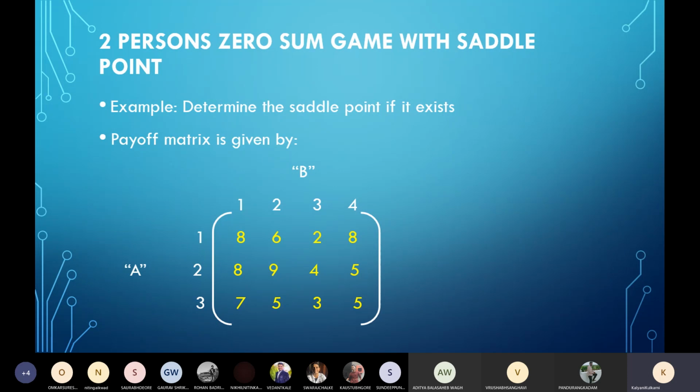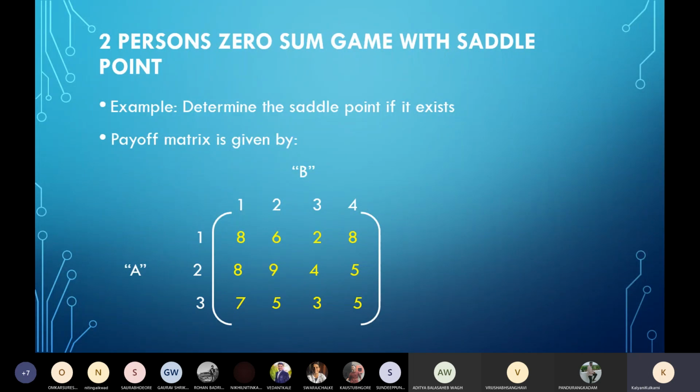There is a 3 by 4 matrix in front of you, 3 rows and 4 columns, where rows signify the payoff values of player A and columns signify payoff values of player B. We assume the game to be a fair game. We have already seen those concepts earlier, so I won't go into those details.